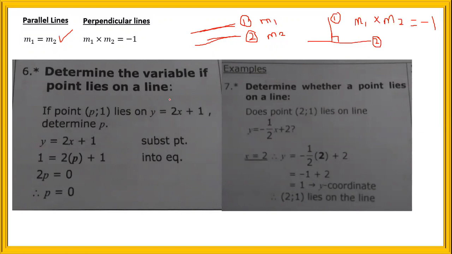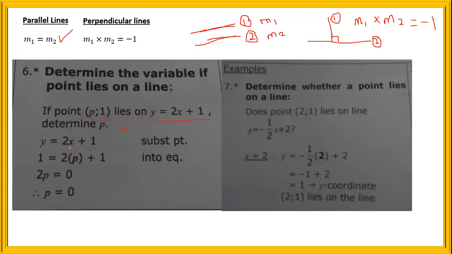Okay, determine the variable if the point lies on a line. All right, so we are told that a point P, 1 lies on y is equal to 2x plus 1. Determine P. Okay, so the first thing that you need to do now is substitute your point into the equation, as it is.